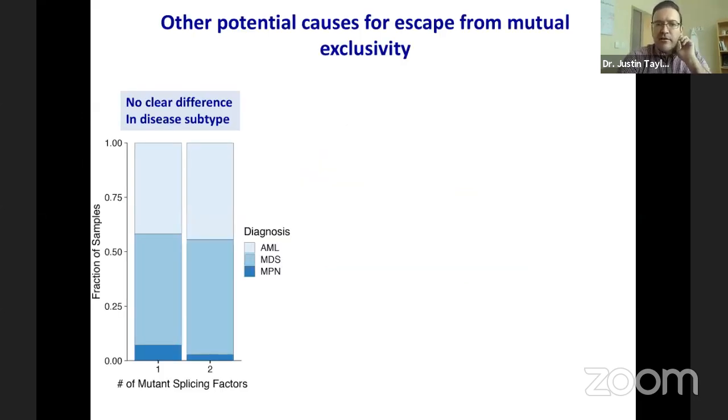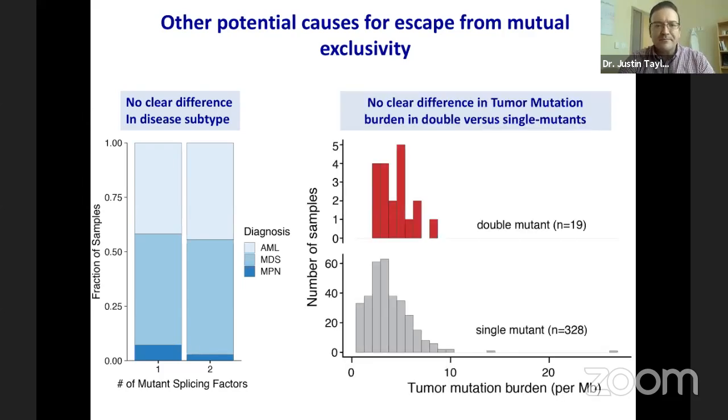So we tried to look at other potential causes for escape from mutual exclusivity, such as maybe these are unique disease subtypes. But when you compare the patients with 1 splicing factor mutation to those with 2 splicing factor mutations, really the representation of the diseases is very similar, so there's no difference by disease subtype.